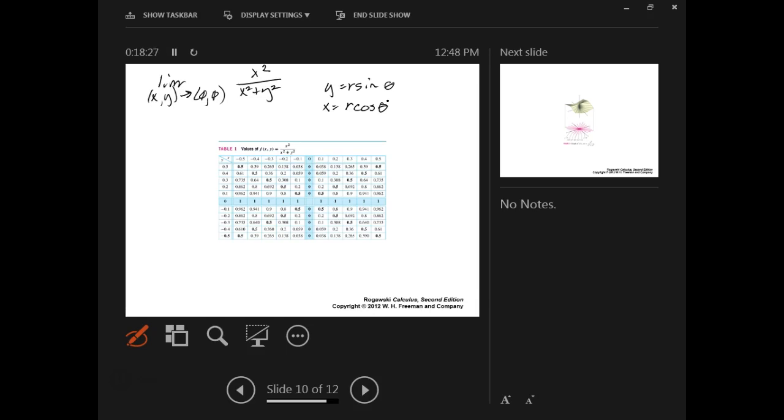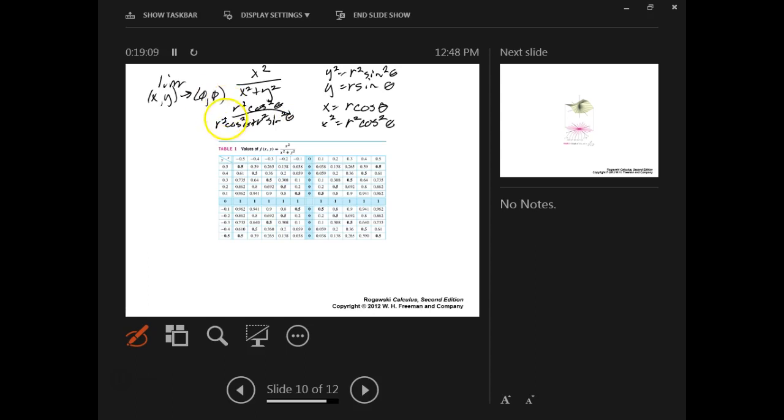So that gives you those. If we convert those, x squared would be r squared cosine squared theta, and y squared would be r squared sine squared theta. So what you have here is r squared cosine squared theta over r squared cosine squared theta plus r squared sine squared theta.